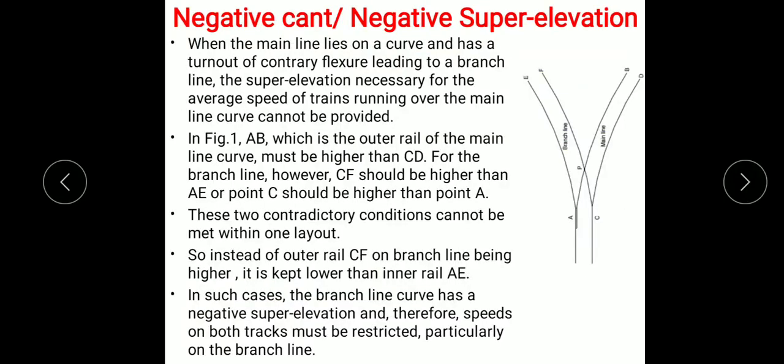The next important point is the concept of negative cant, which is also known as negative super elevation. So here you can see a figure shows two tracks intersecting each other at point P. This is a branch line and this is a main line.